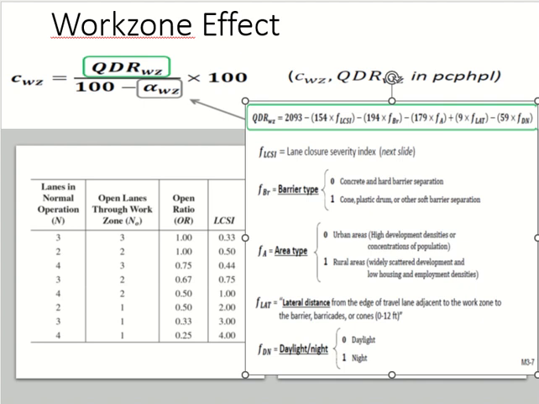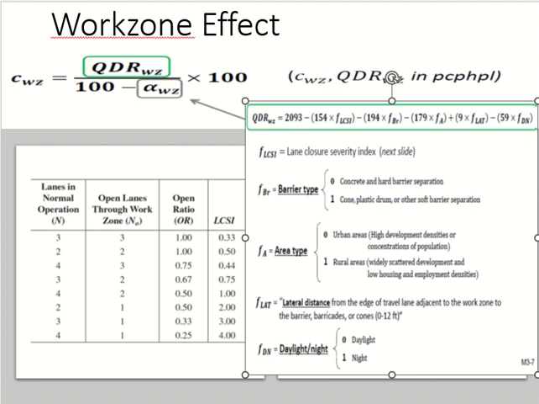Then we have the factor for barrier type, FBR. It is a requirement that all work zones must be separated from the road with a barrier, anywhere you go.